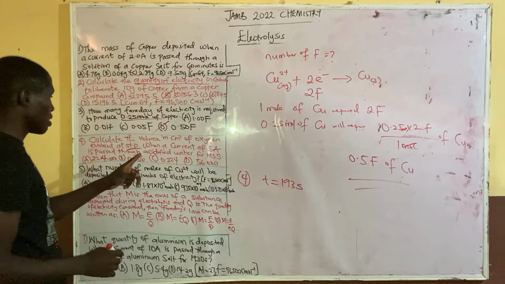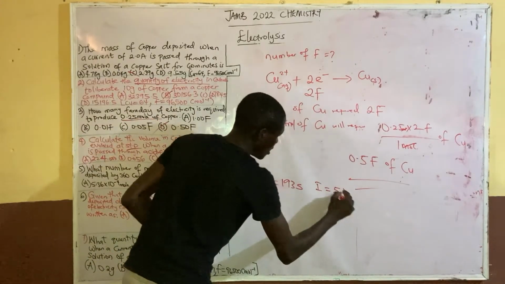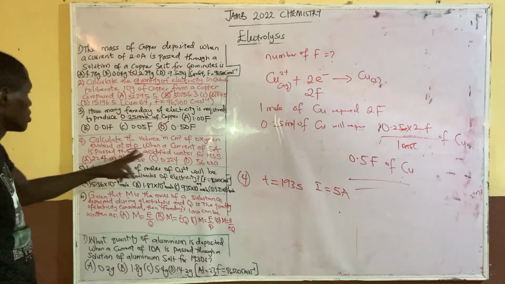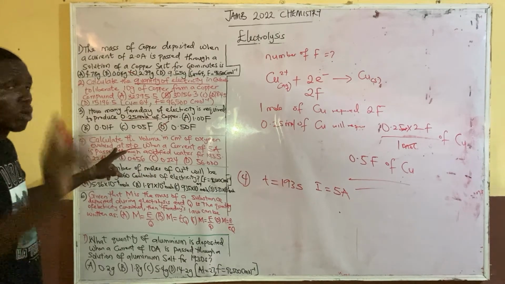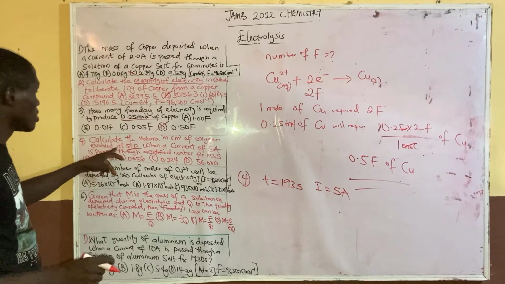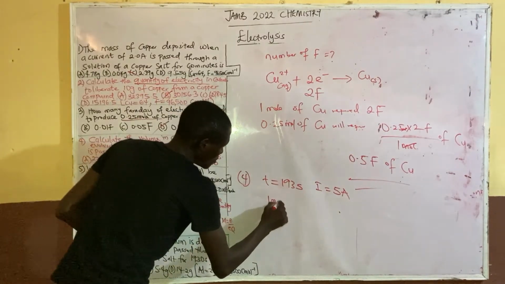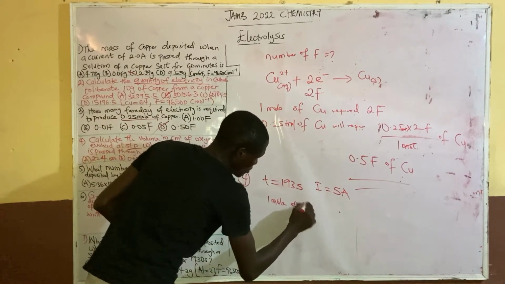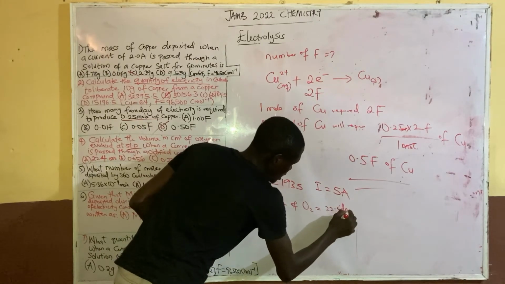And I is 5 ampere. Remember that we are given oxygen at STP. So we know that 1 mole of oxygen at STP is equivalent to 22.4 dm cube.